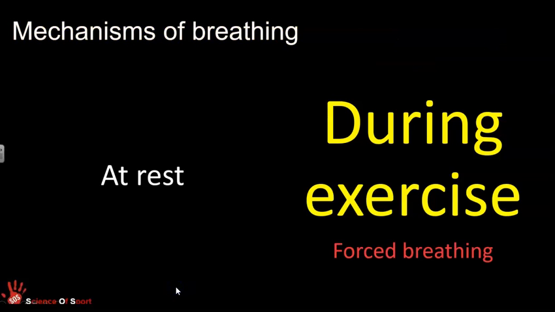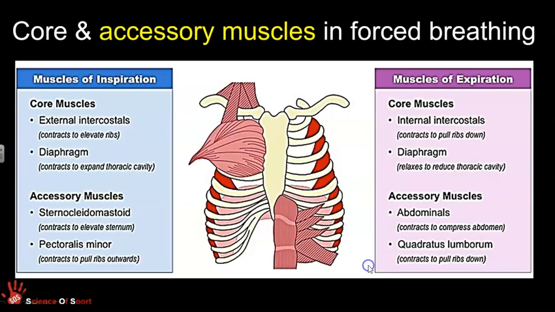Logically then we've got to go through exercise and what happens in exercise, what's different about breathing and moving air in and out of our body in exercise, which is typically a bit more frantic and typically a bit more involved. We call it forced breathing. Now, I mentioned in the C1 Anatomy of the Respiratory System video that we have what we call accessory muscles that we use only during exercise to exaggerate our rib cage, our thoracic cavity changes.